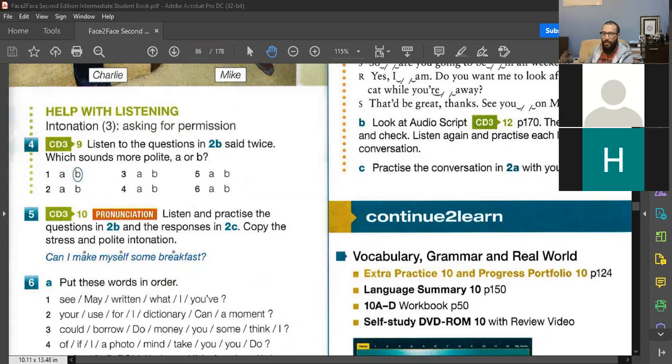Is it A or is it B? So let me take you to the track. A or B? What is it? Track 9. Let's listen.